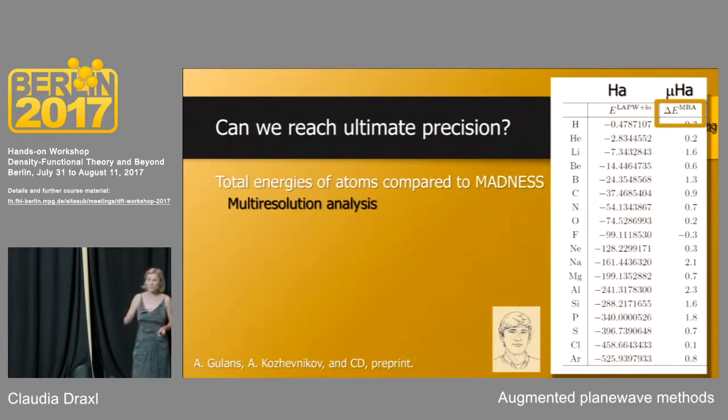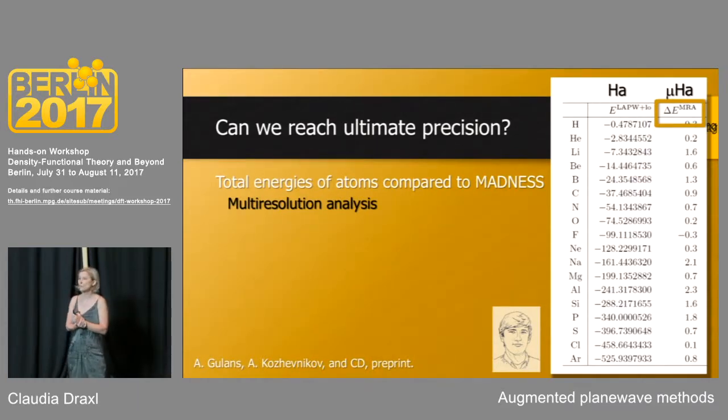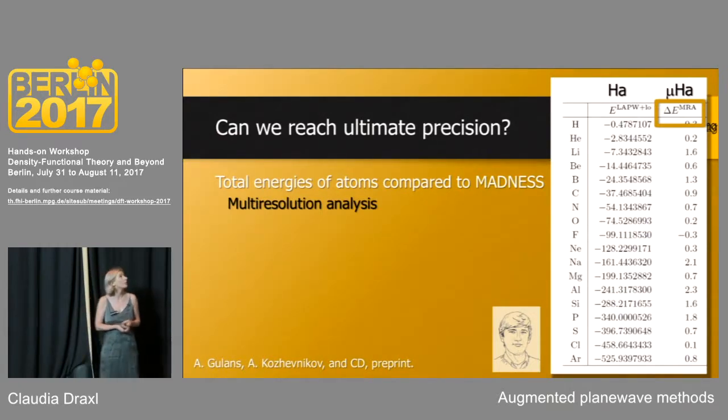So that means if you really push the methodology to the limit, this basis set, and I think the local orbitals are extremely important in this context, then you can solve the Kohn-Sham problem to any accuracy basically you like. For some problems you may need this high precision, for others not, but at least we know that we can solve the problem to this precision. So this is for atoms.